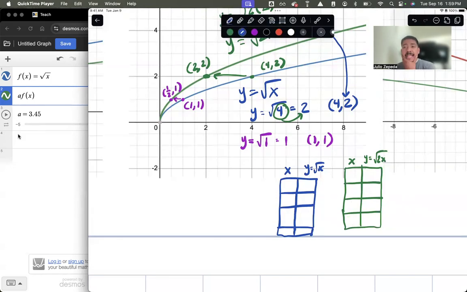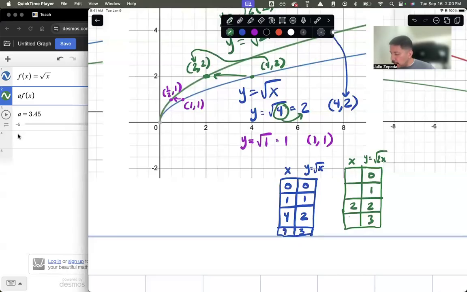So what are the x and y values for the square root of x? If x is 0, 1, 4, and 9, then the y's are just the square roots of the x values. So y is going to be 0, 1, 2, and 3. And so if we want to preserve these y values, what numbers do we have to plug in? Instead of plugging in 4 to get a y value of 2, I need to plug in half of the 4, which is 2.